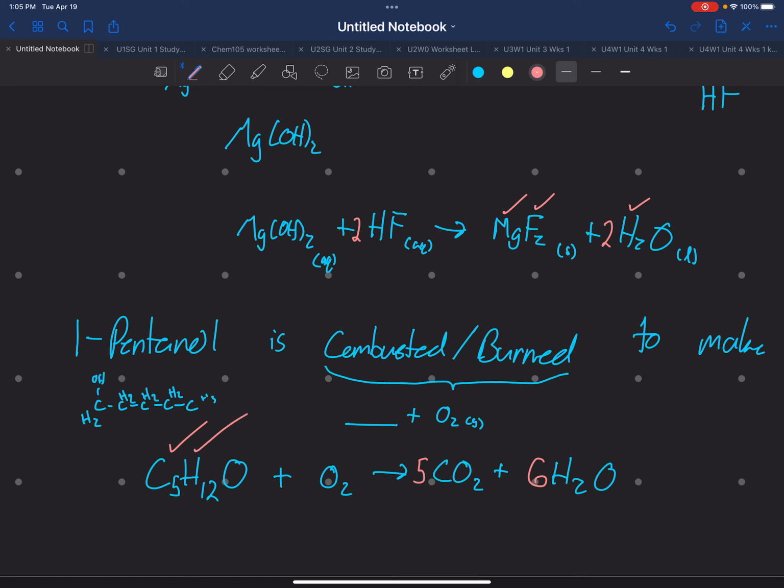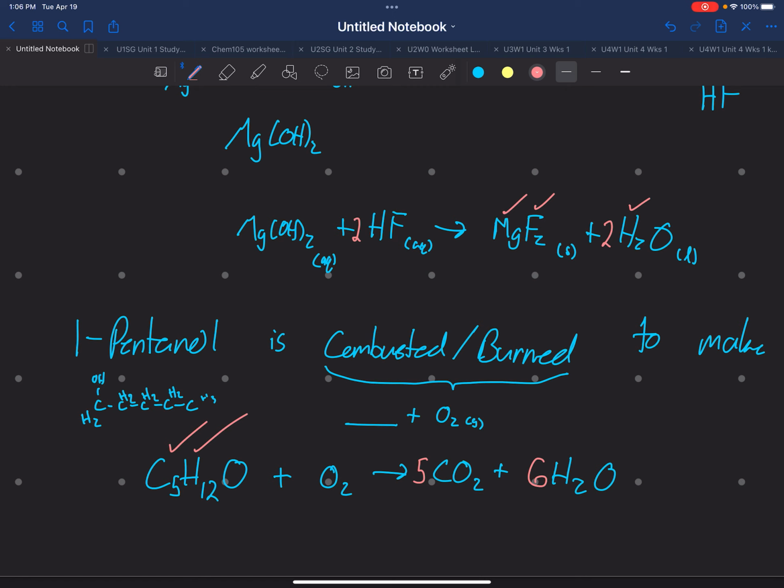Now let's count oxygens. There's 1, 2, 3 here, and what's that? 2 times 2 times 5 is 10. 10 plus 6. What is 10 plus 6? 16, right? 16, and here we have 3.